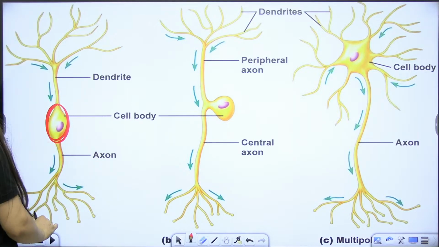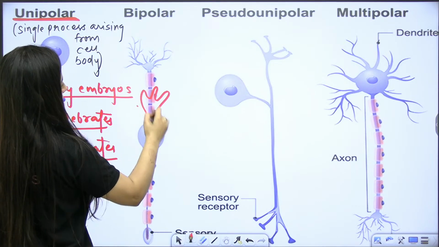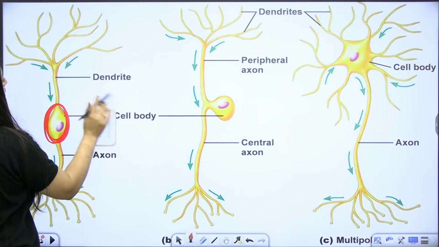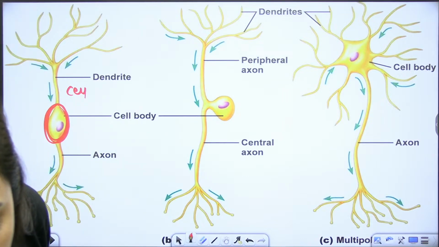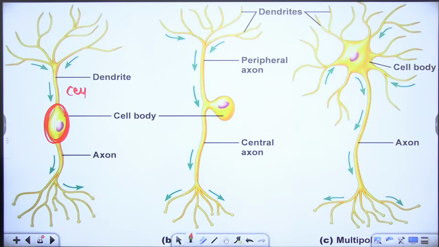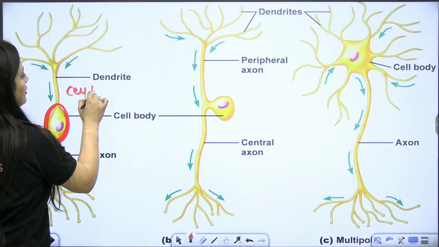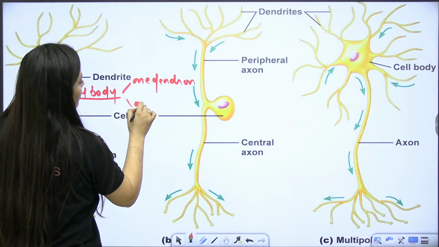So here you can see, one second, here it should be only dendron. You can draw it like this. This is a cell body. From the cell body, one dendron, dendrite is plural, and one axon will arise.